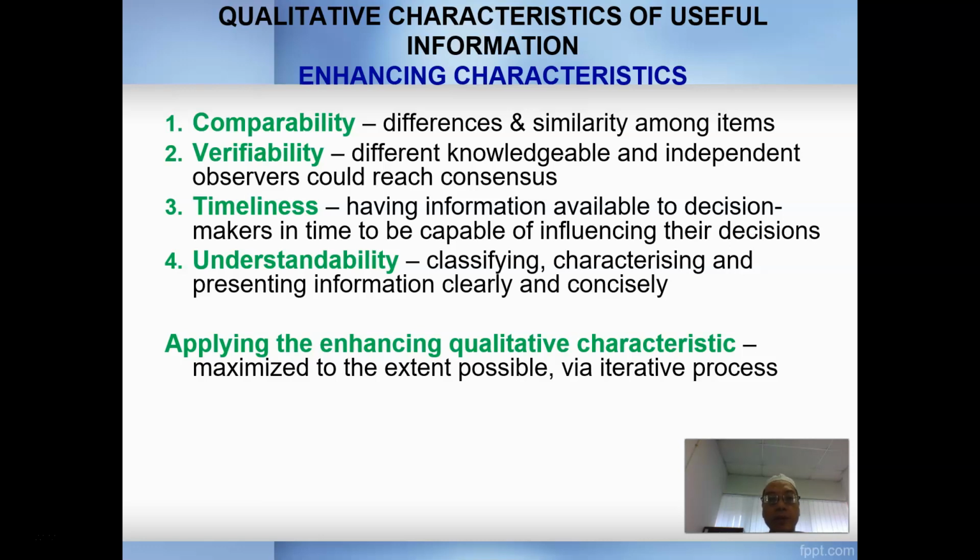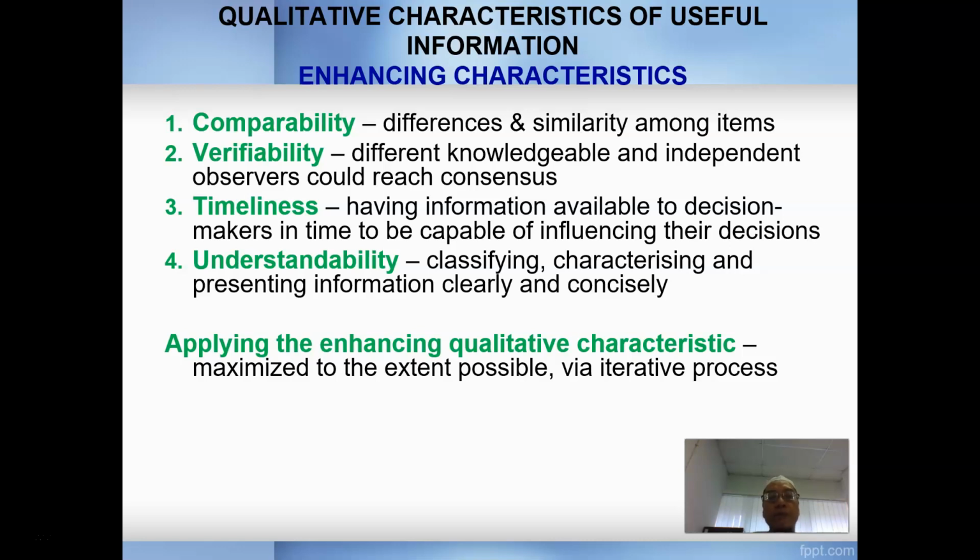Okay, for example, when we prepare our financial statements, we try to make it comparable, although it is not exactly timely, but then later on we try to improve the timeliness and probably sacrifice a little bit of the comparability and the verifiability. Okay, so it is an iterative process.